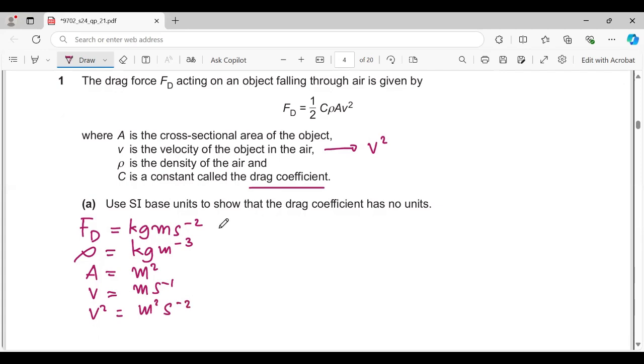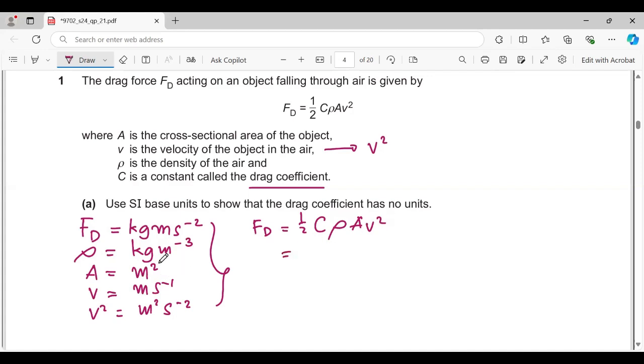From these units, we're going to find C. F_D equals half C times rho, A and v squared.